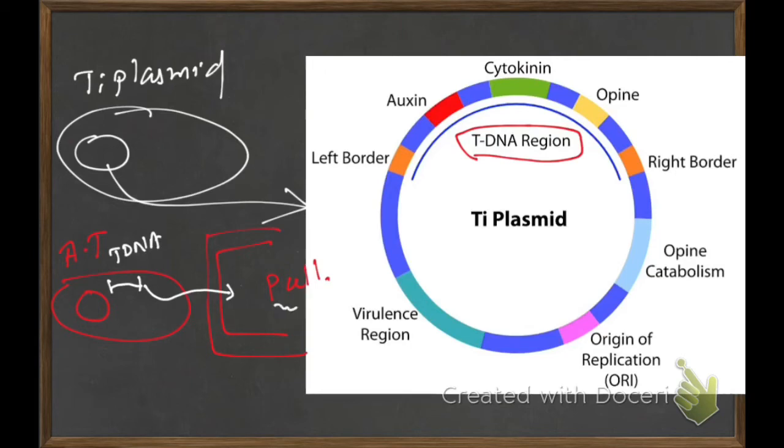This gets integrated with the plant's genetic material or chromosome and creates crown gall. So the portion T-DNA is actually the DNA that gets transferred from Agrobacterium to the plant cell.